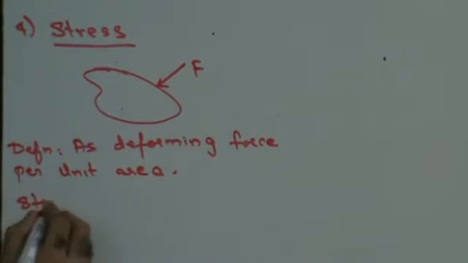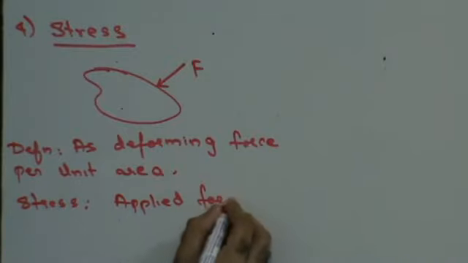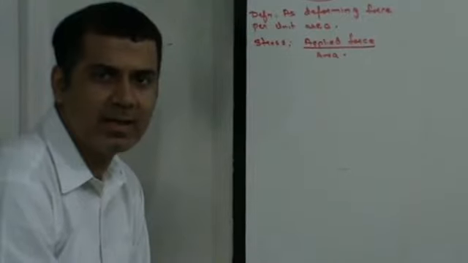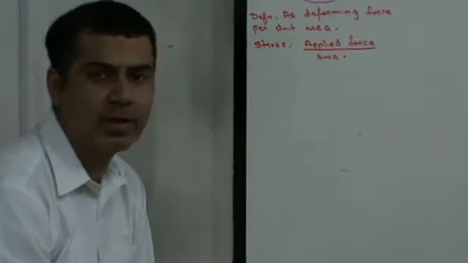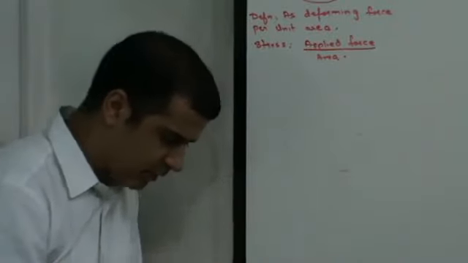So stress is given by the formula the applied force upon area. Some authors even say that stress is equal to the internal restoring force upon area. But the internal restoring force will be equal to applied force. So whether I say it as internal restoring force per unit area or applied force per unit area, it is the same thing. Fine? That is what is stress.